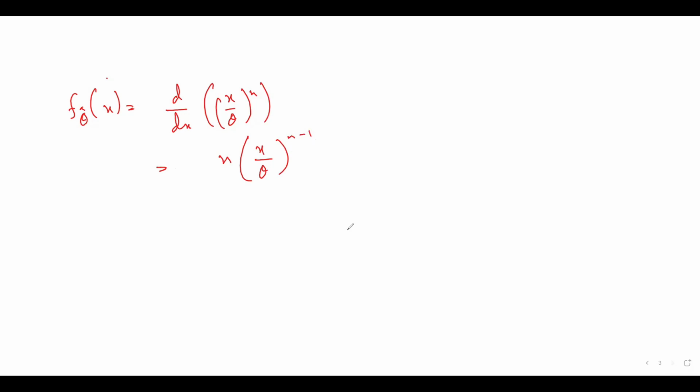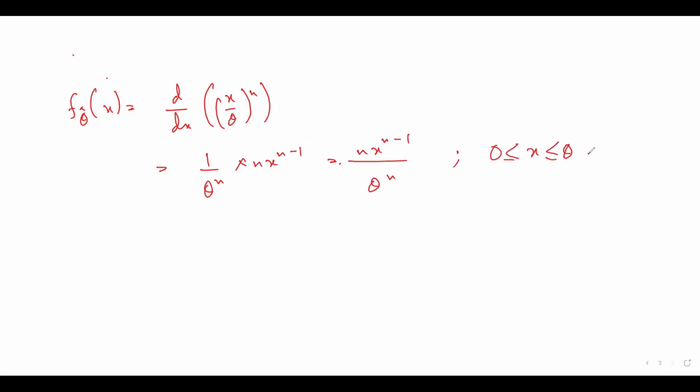One thing I did wrong was, since this is d dx of x by theta to the power n, I will take the 1 by theta to the outer side. So this is the entire density function which you need for the next part.